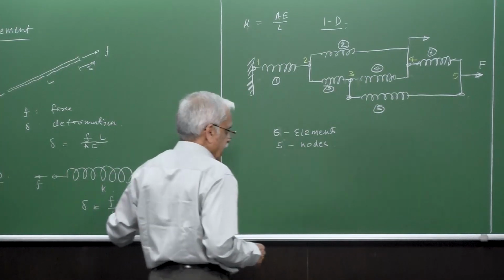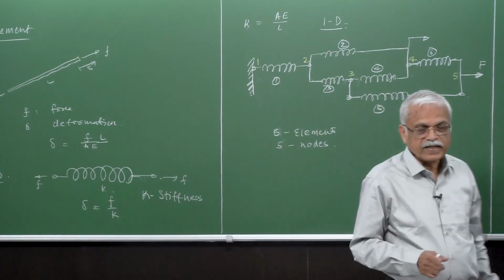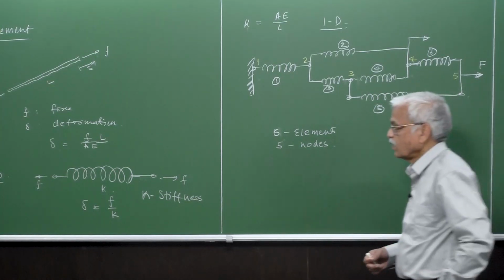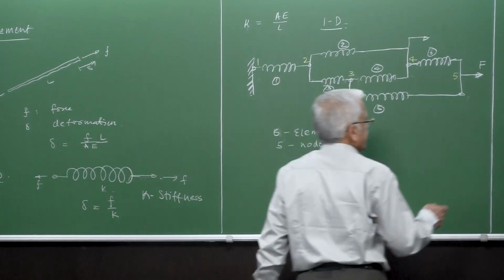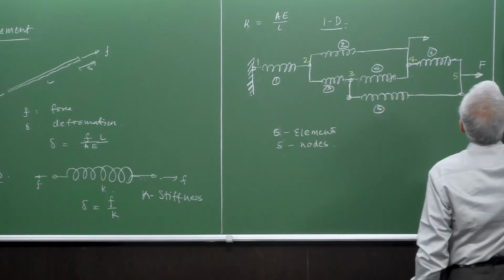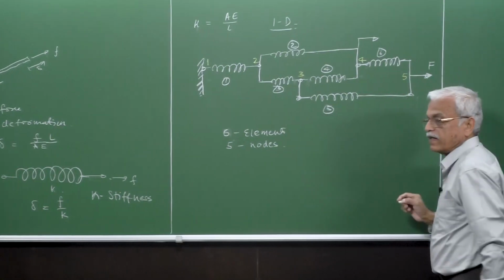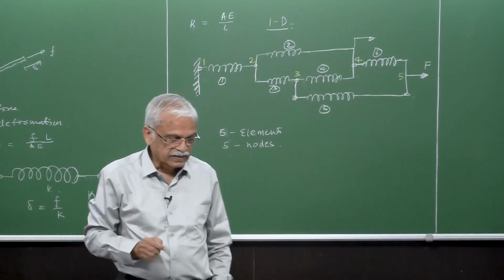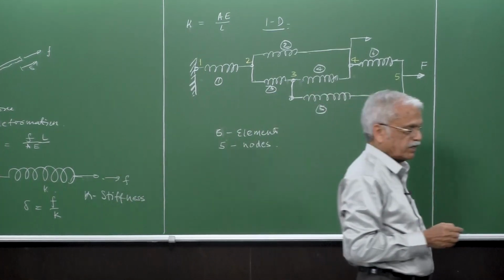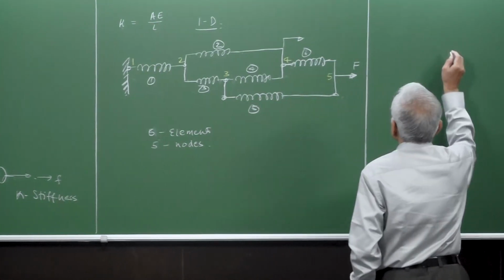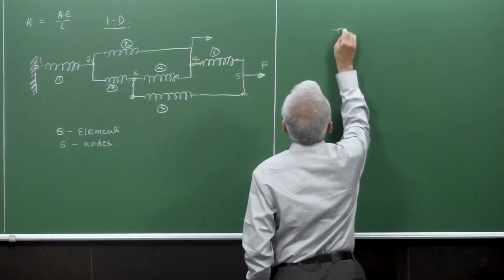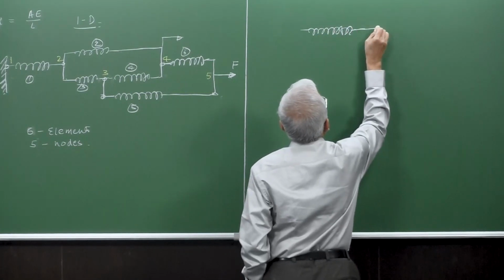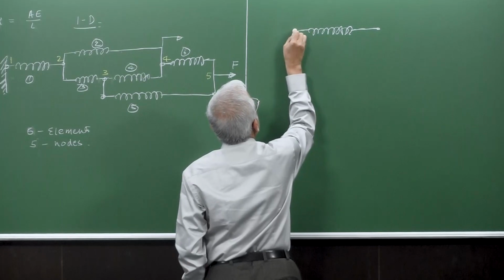So now let's go back to this 1D element and try to put it in a general configuration. Now let's go to the element equations. The element equilibrium equations, or element governing equations, which we want to develop. The element governing equations are the equilibrium of the spring like this one.